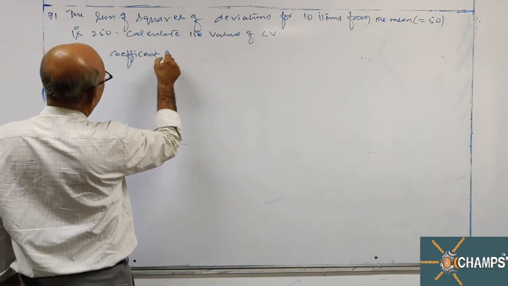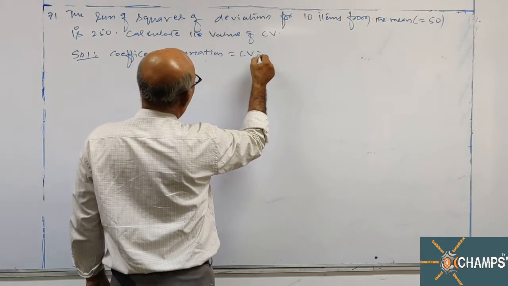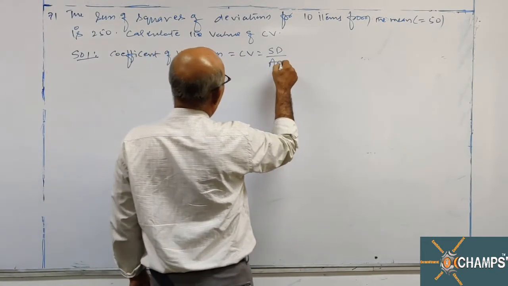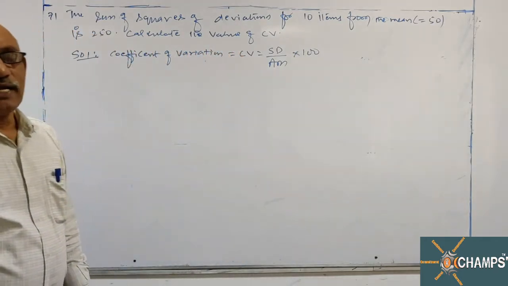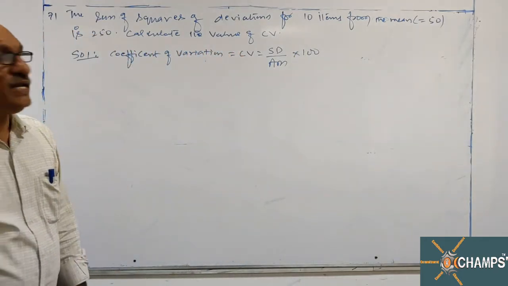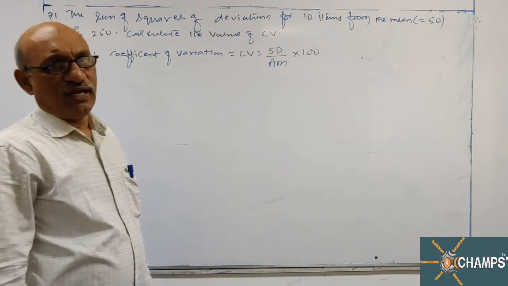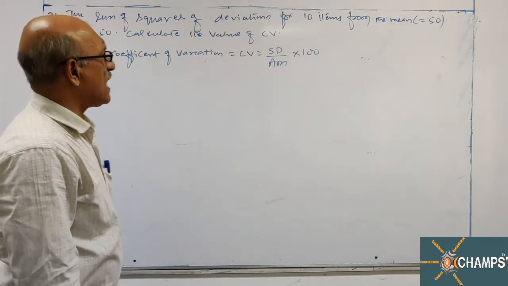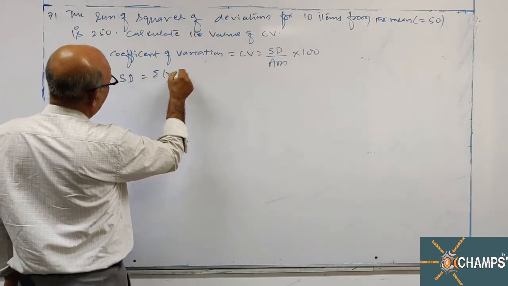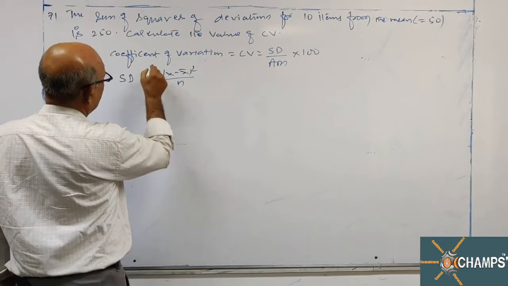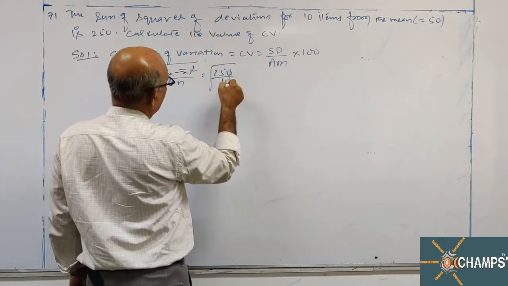Coefficient of variation is equal to CV, standard deviation over arithmetic mean into 100. Arithmetic mean is given in the question, 50. I have to calculate standard deviation: square root of summation of (x minus x bar) whole square by n, that is 250 divided by 10 under root.